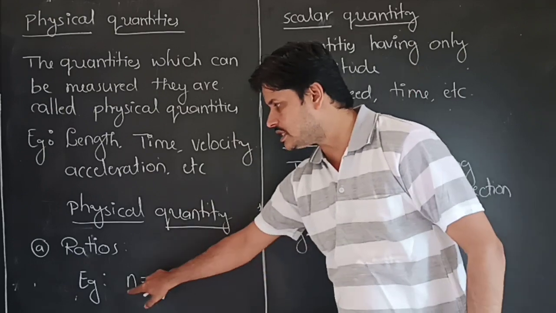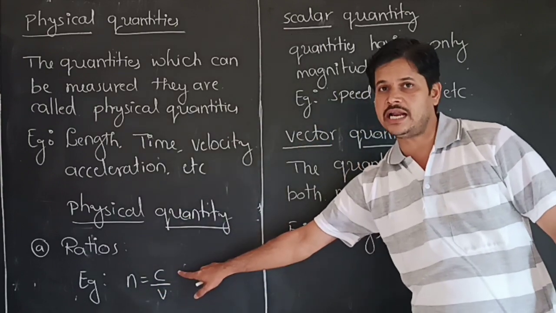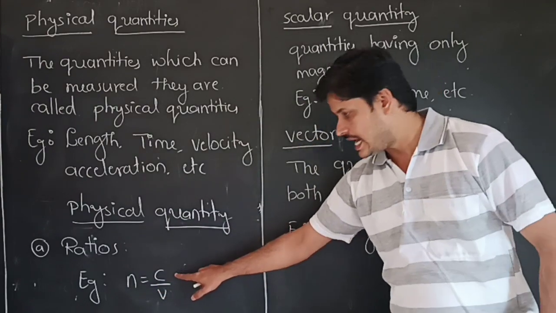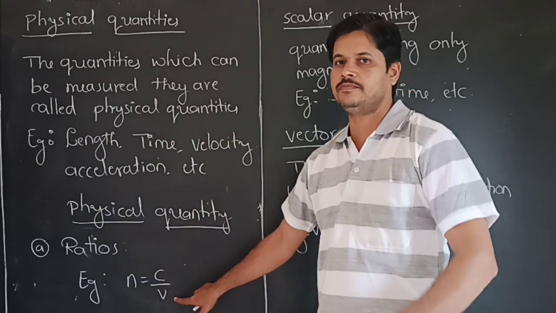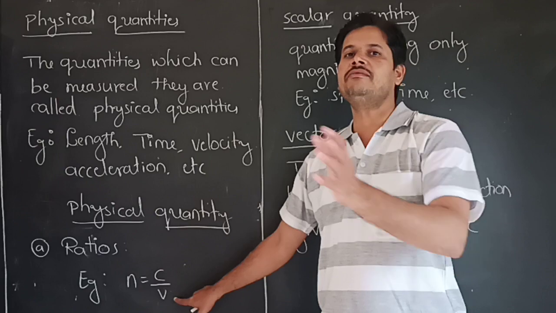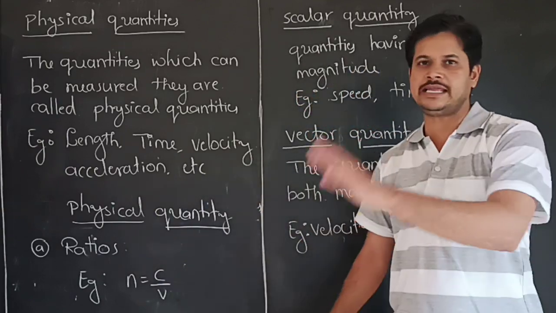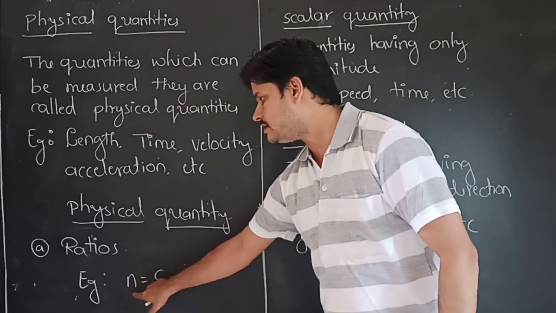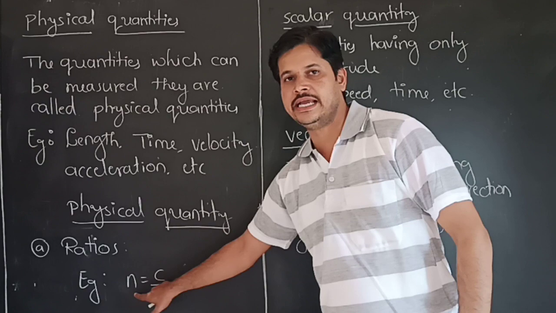Here C represents the velocity of light in vacuum, and V represents the velocity of light in the medium. Because there is a change in the velocity, but when we take meter per second divided by meter per second, they get cancelled. Then ultimately we get a unitless quantity, that is refractive index.